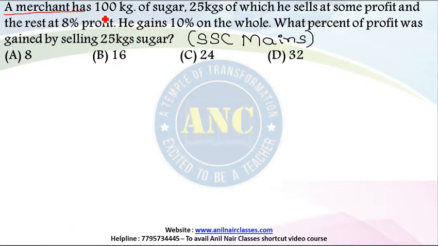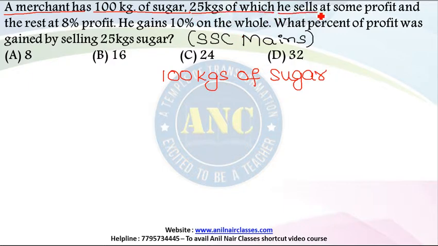A merchant has 100 kgs of sugar. Total quantity what he has is 100 kgs of sugar. This is the first statement. A merchant has 100 kgs of sugar, 25 kgs of which he sells at some profit percentage.